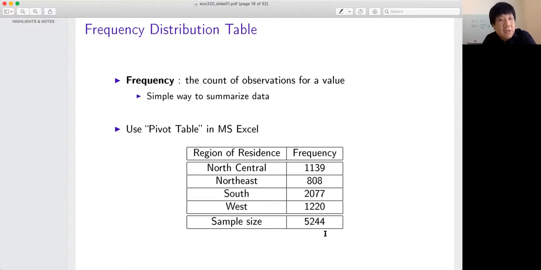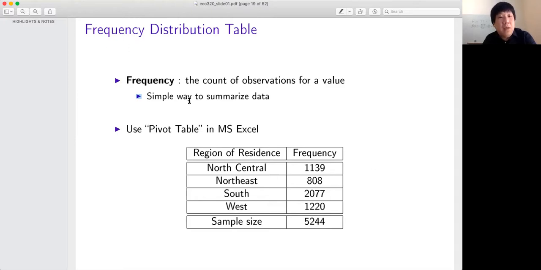These are frequencies. You show the total sample size at the bottom and how many are in each category. Later I'm going to convert this to probability. You divide 1139 by 5244, and that would be your probability of the north central region.